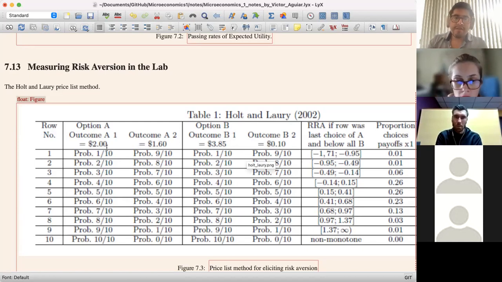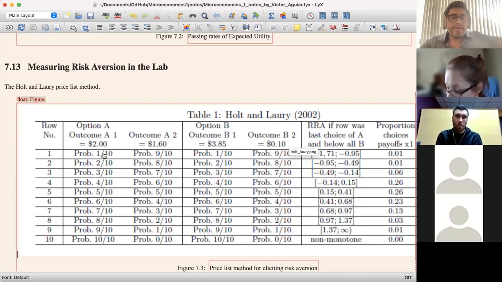The first row tells you, look, you have option A. This gives you a prize of $2, and the second prize is $1.60. Then in option B you have $3.85 versus 10 cents, okay?